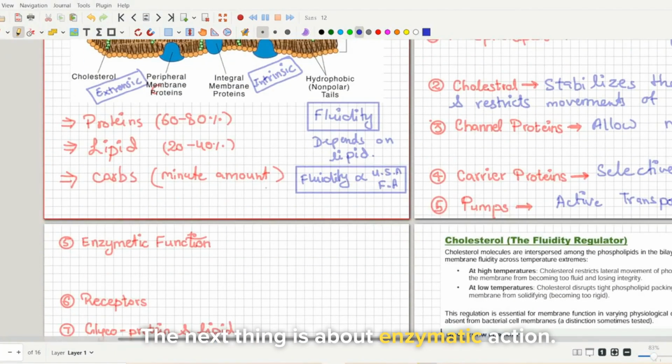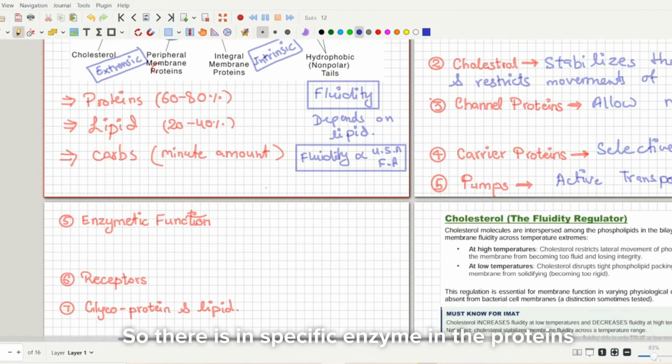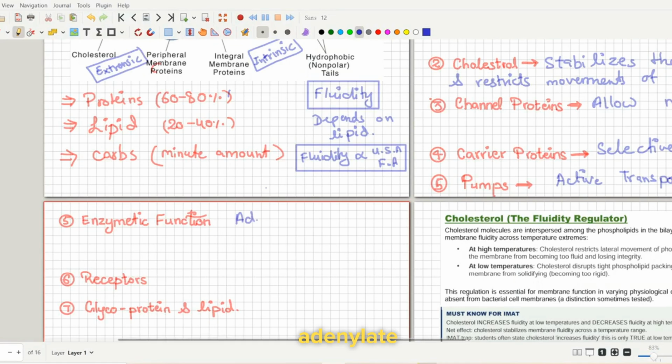The next thing is enzymatic action. Some membrane proteins have enzyme functions. They perform metabolic reactions. For example, adenylate cyclase is an enzyme.